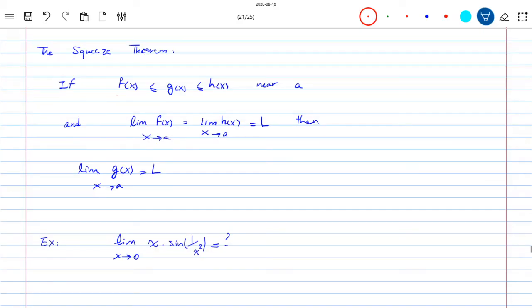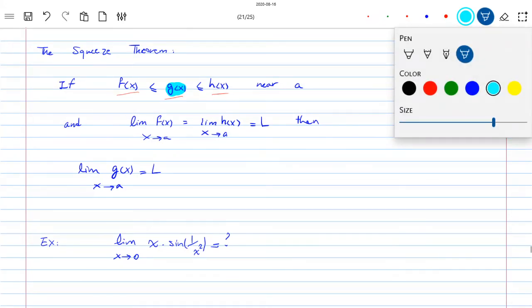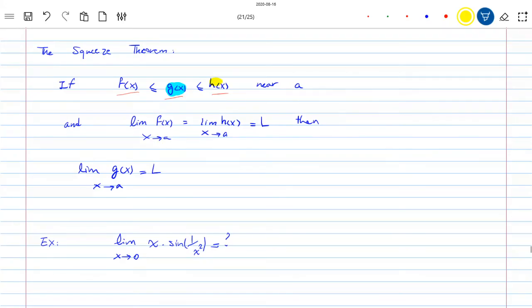So here, if you have f and g and h, 3 functions, and the g function is between the 2 functions h and f. Not everywhere, but at least in a small area near a.